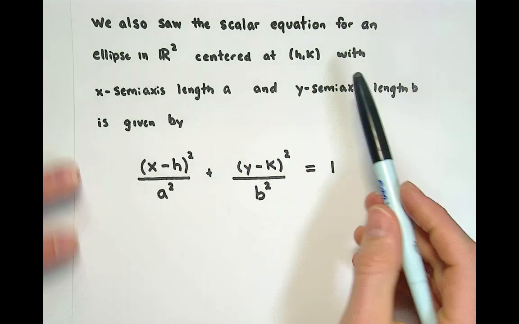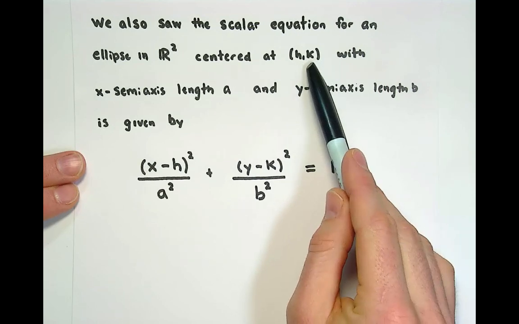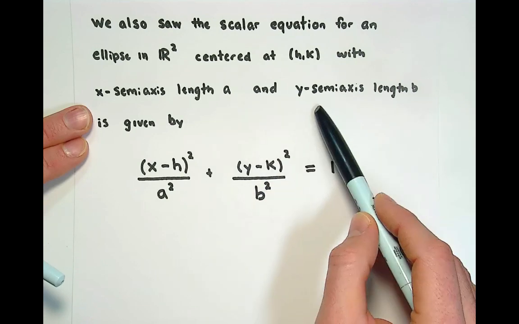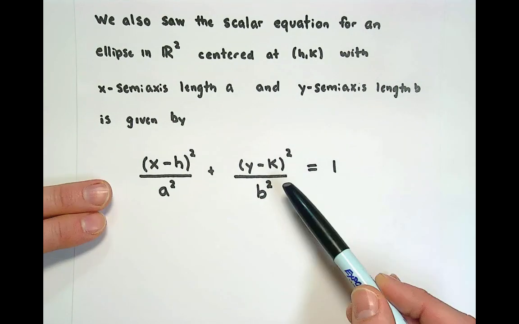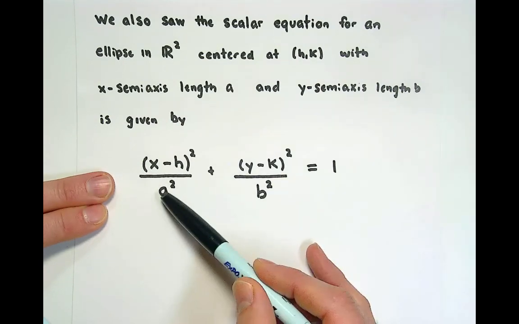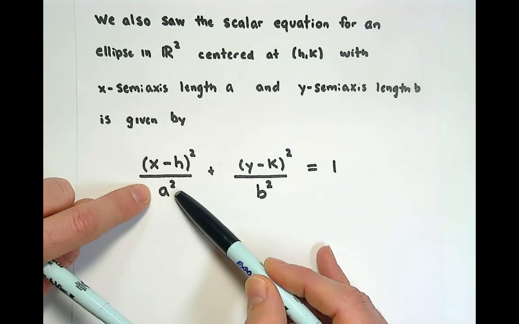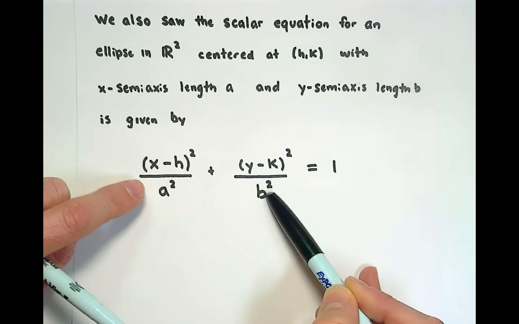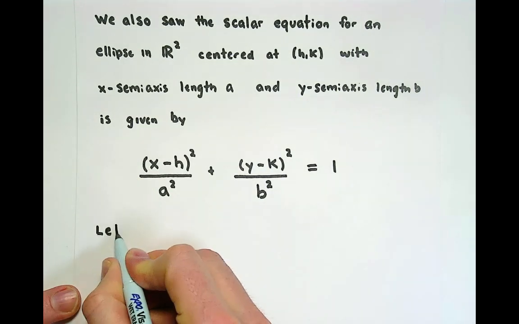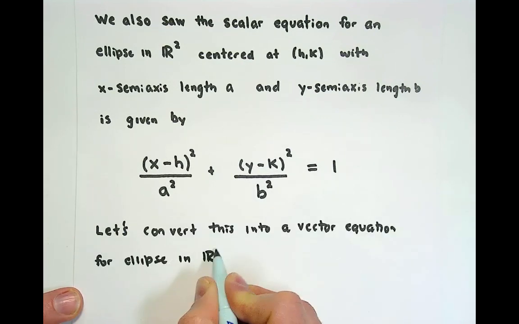But we saw that the scalar equation for an ellipse centered at h, k, with x semi-axis length equal to a and y semi-axis length equal to b was given as such, which is almost identical to the circle, except instead of r squared in each denominator, the denominator on x is a squared and the denominator on y is b squared. Let's convert this into a vector equation for an ellipse in R2.